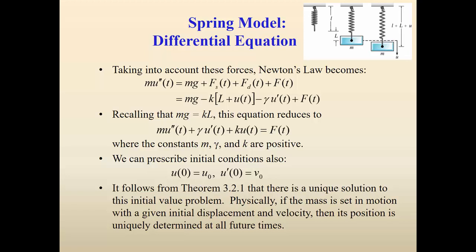So its initial displacement will be u of 0, and its initial velocity v naught, which is u prime of 0. According to theorem 3.2.1, since m, gamma, and k are continuous, actually, after all, they are constants, as long as F of t is a continuous function, we're going to have a unique answer.